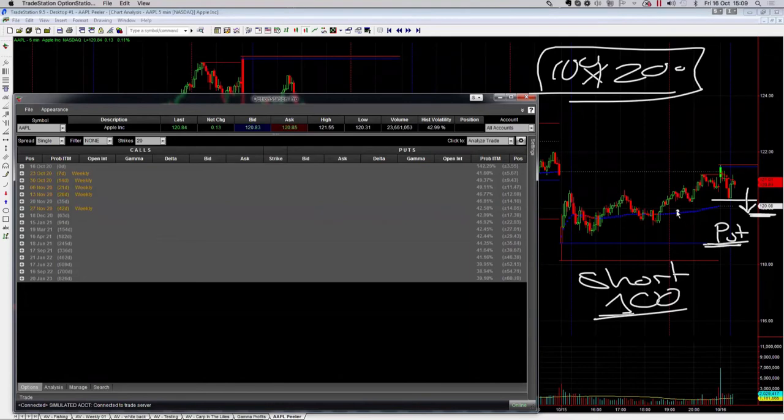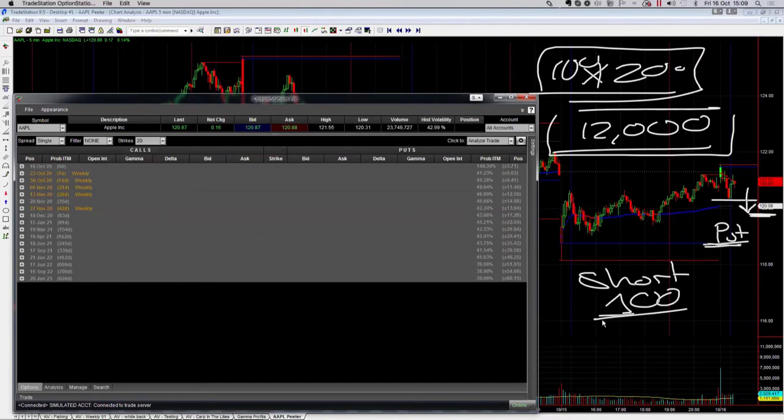So let's just assume that it's a cash account, because depending on your broker, there's going to be a little bit of difference between the margin requirements. So you're going to need $12,000 if you wanted to trade 100 shares.